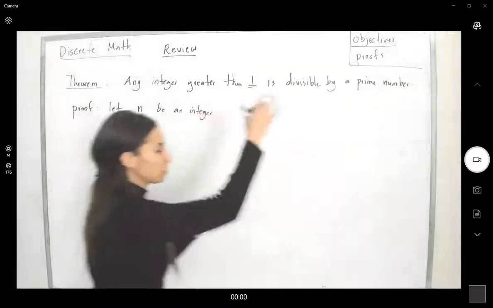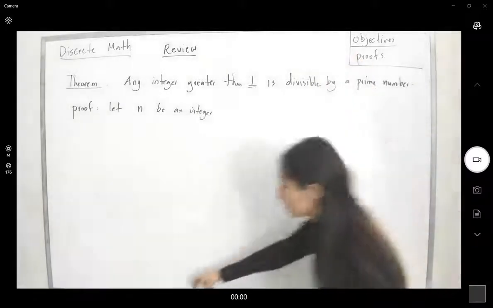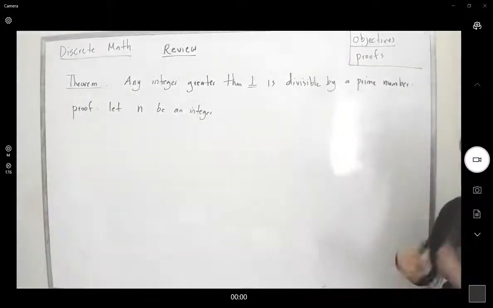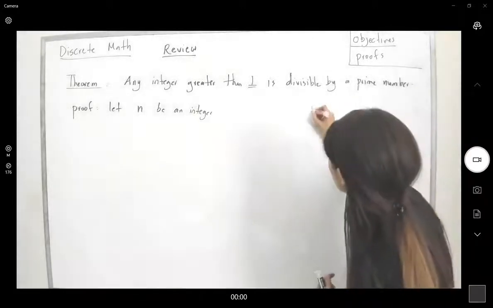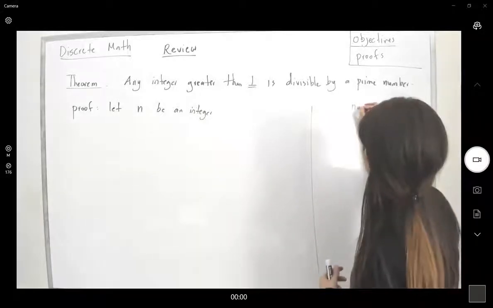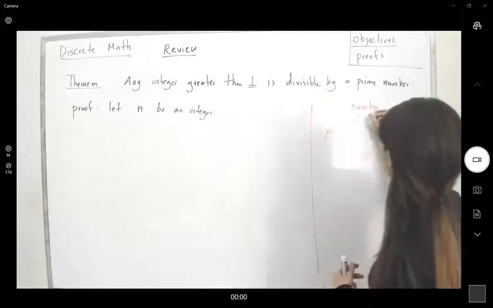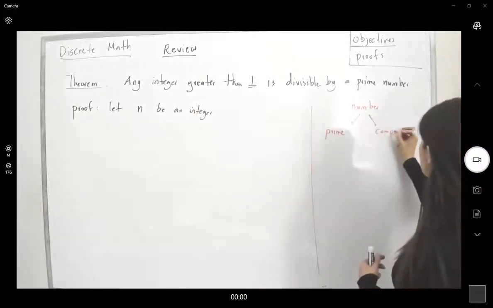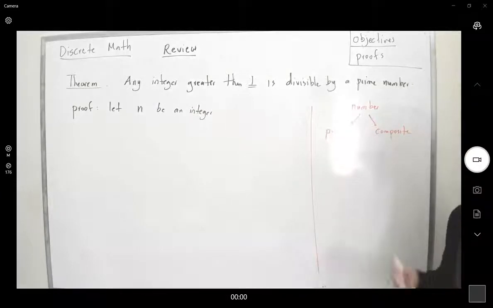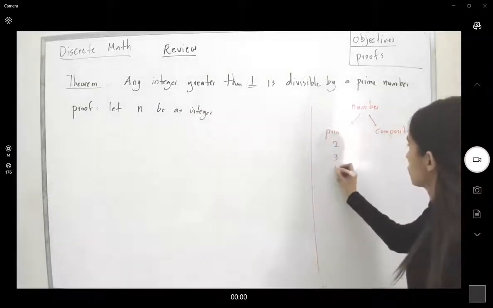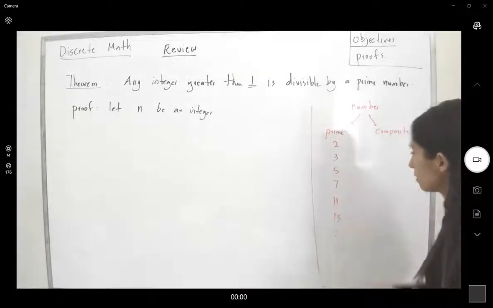I'm just going to write down the way that we think about proving this theorem on the right-hand side so you know how to break down the numbers. When you select a number, any number, this number can be prime or it can be composite. You can select 2, 3, 5, 7, 11, 13, and the rest of them.